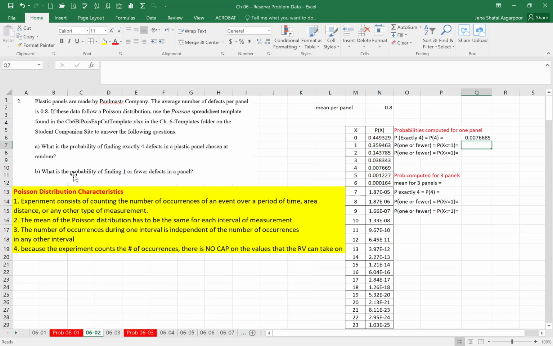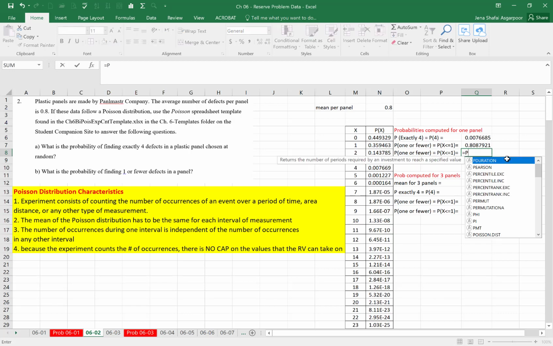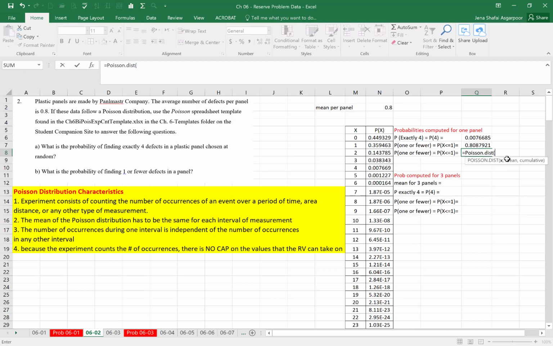And then the next one says what is the probability of finding 1 or fewer. So 1 or fewer means 1 or 0. So that would be the sum of 0 and 1 probabilities. Another way that we can compute this is to use the Poisson. And we still say 1 as our x value.